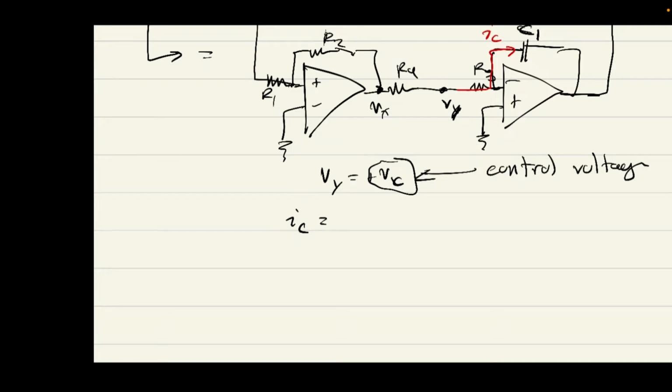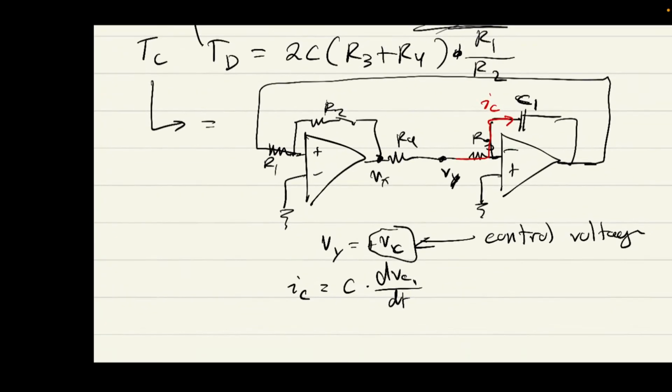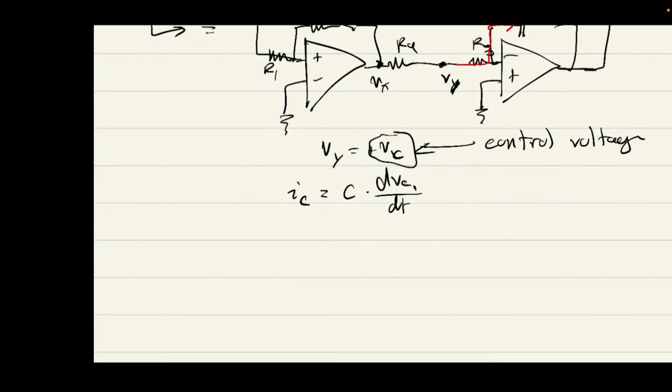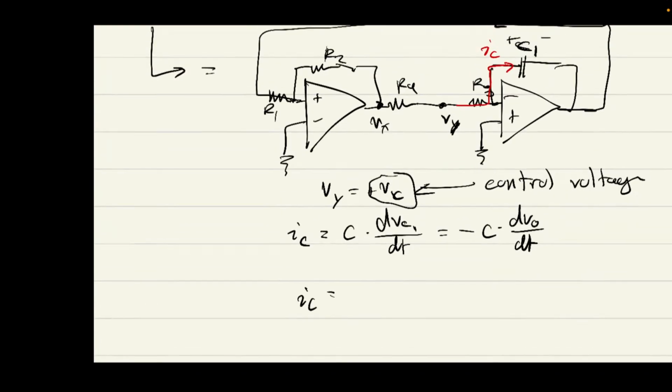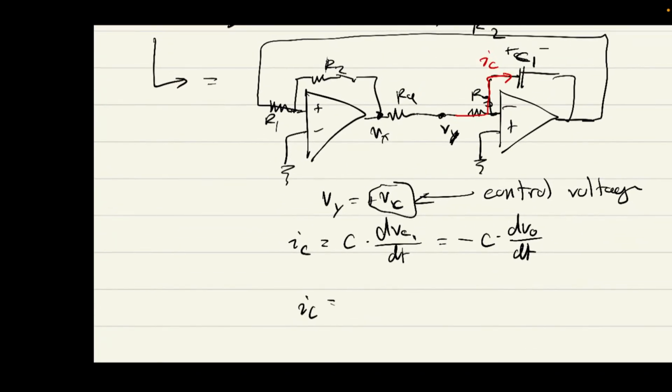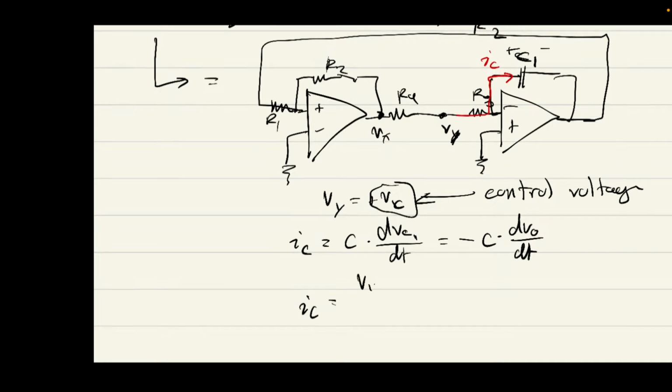Okay, that is one. C dVC1 dt, right? The voltage across here. Yes, which is negative C dVO dt. Good. We also need another expression. Yes. Vy over R3, which is the same as Vc on R3, right?